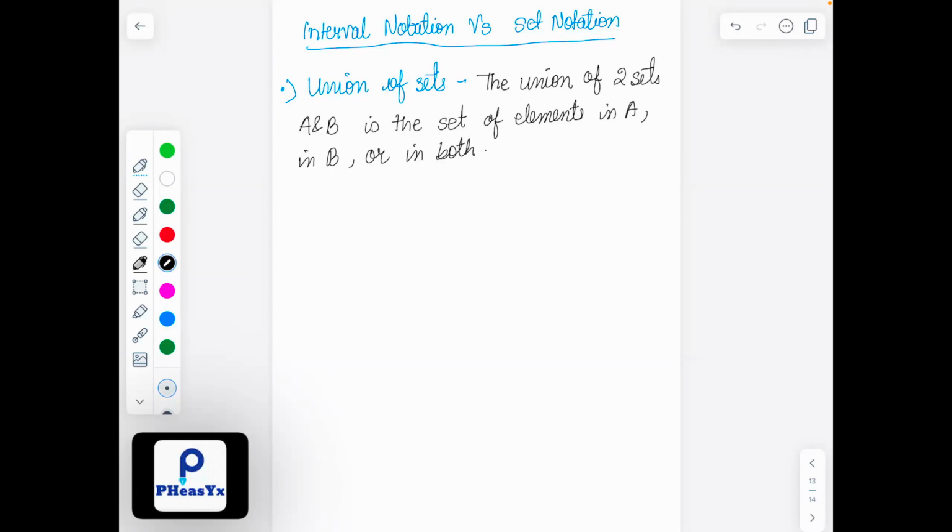The symbol used to indicate the union of two sets is U. We use the union symbol to combine two or more intervals together.